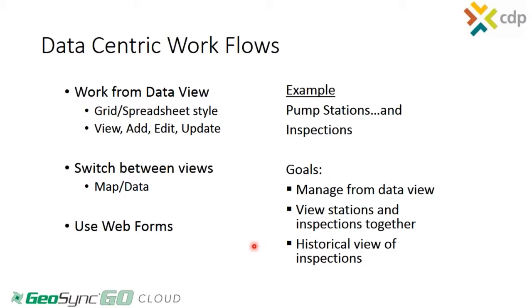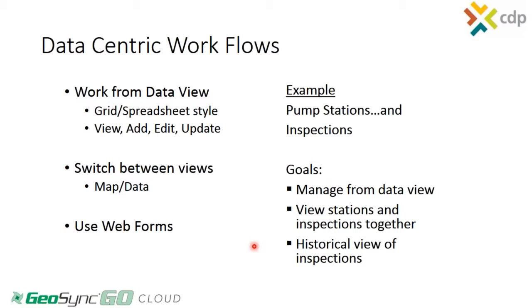You can also switch between views. We can have multiple views of different types of data in the resources. There's a way to have related data sets, and you'll see that a little more in the example that we'll do. And as I mentioned earlier, we will use web forms as part of this. The new GeoSync GO web forms will be a part of the data view.